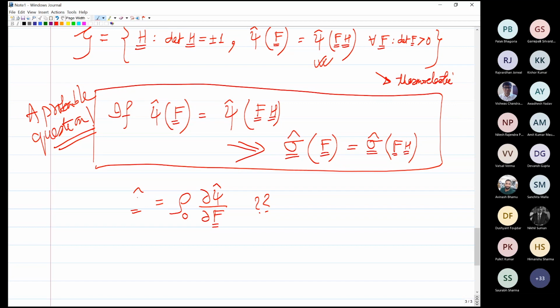But what about sigma? Sigma is 1 over J P F transpose, which means this becomes rho times del psi hat by del F times F transpose. Okay, yes.